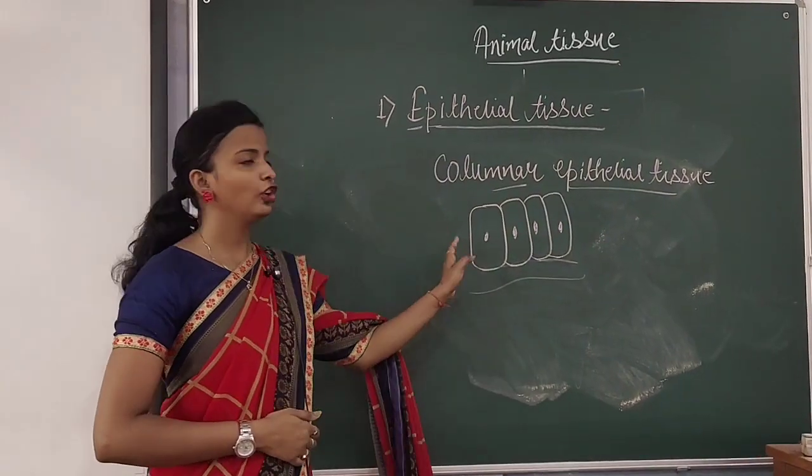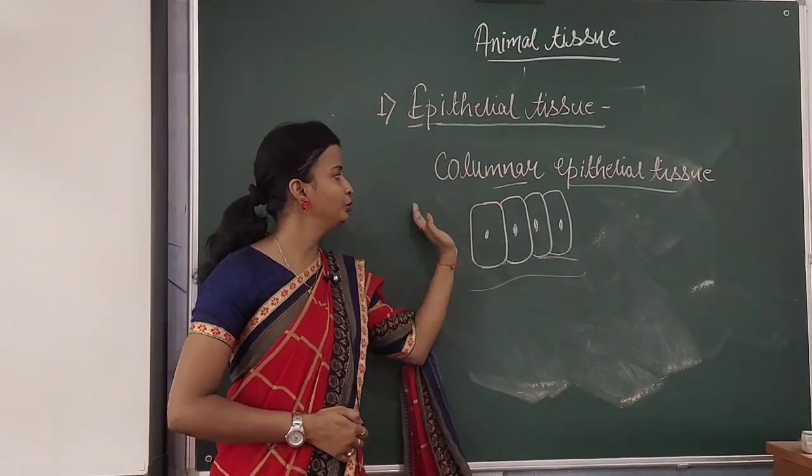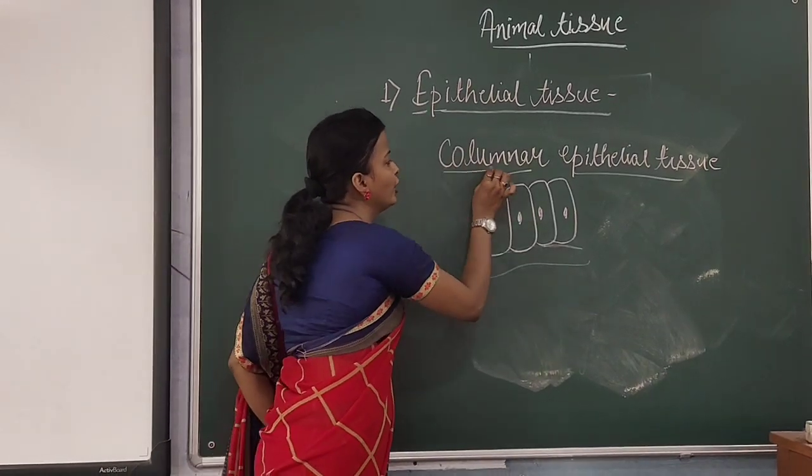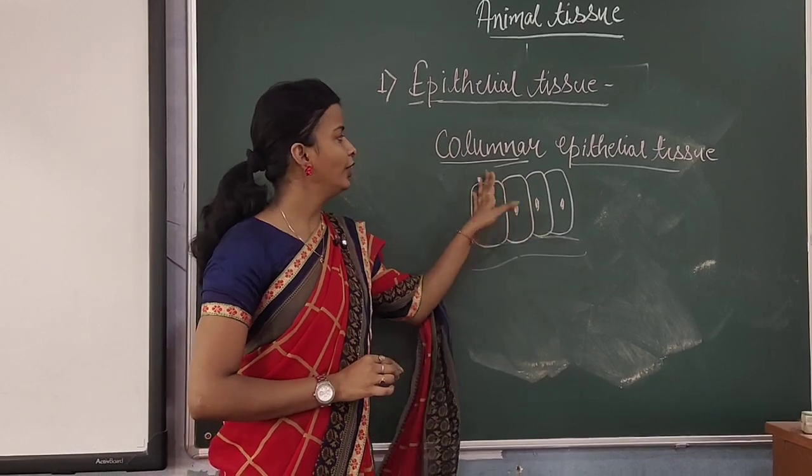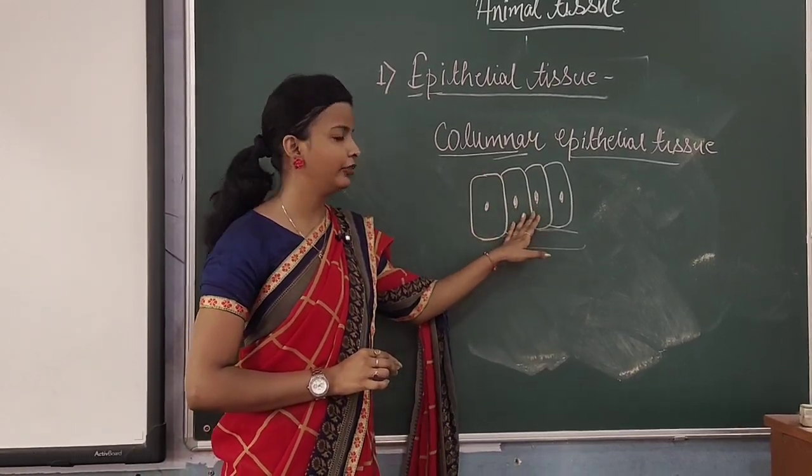This is the main structure of the columnar epithelial tissue. Again, it is derived from the word column, or you can say it is a cylindrical shape. So the columnar epithelial tissue structure is this.